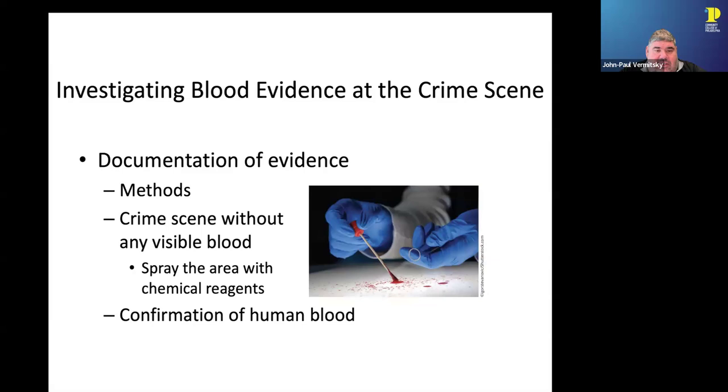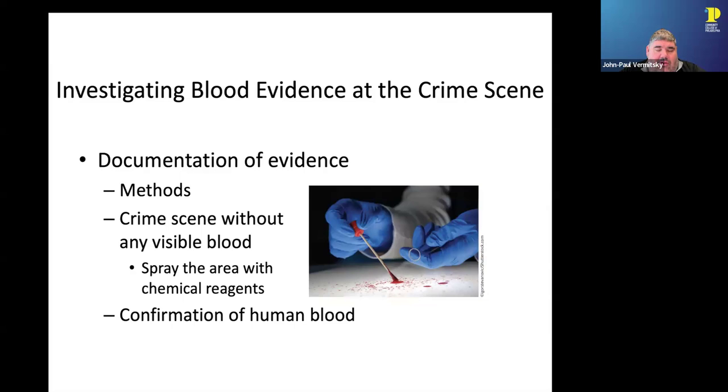Once the evidence is collected, you need to have proper documentation, proper methods of collecting, and there are reagents that can be used that can help to illuminate any blood that might not be visible with the eye.